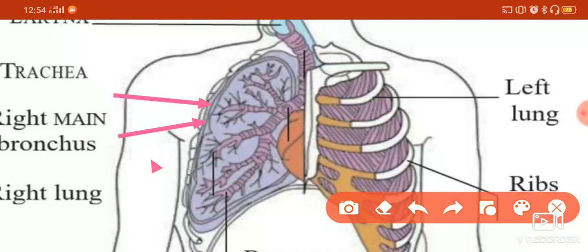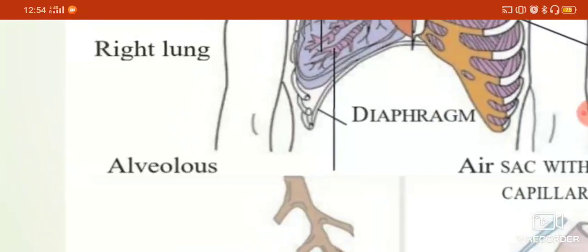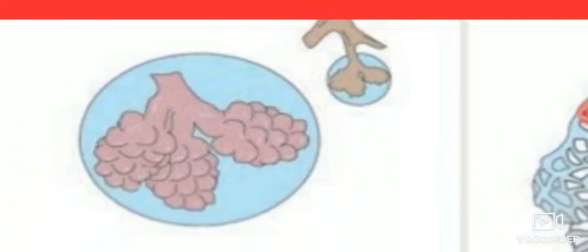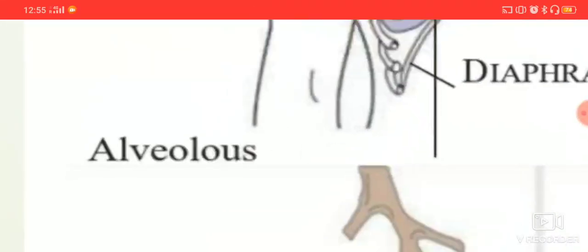The right lung is divided into 3 lobes and the left lung is divided into only 2 lobes. Each lobe of the lung has terminal bronchi, ending in a bunch of air sacs. 1, 2, 3.